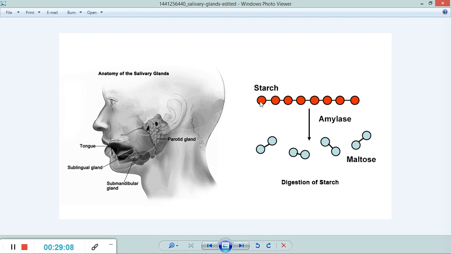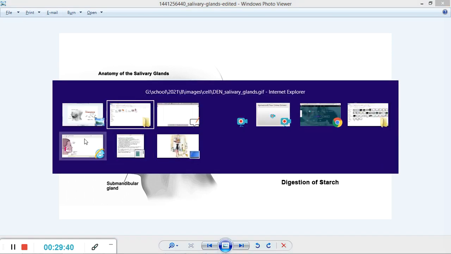So here we get so many glucose molecules, and amylase breaks down starch into a simpler carbohydrate molecule called maltose. Maltose is made up of 2 glucose units each. So this is one molecule of maltose, it has 2 glucose units. So digestion has started in the mouth. A complex carbohydrate called starch has been broken down into maltose.